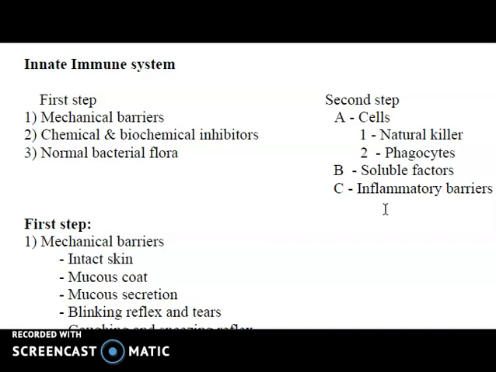In the presence of various fatty acids and hydrolytic enzymes like lysozymes, they inhibit the growth of most microorganisms. Similarly, the respiratory and gastrointestinal tracts are lined by mucous membrane, and this mucous membrane entraps foreign microorganisms.